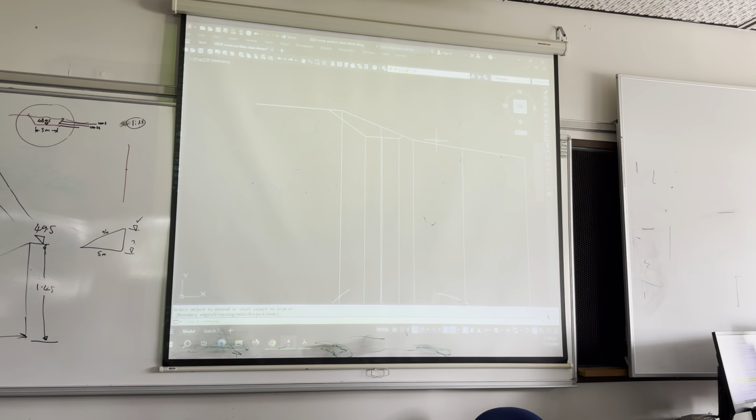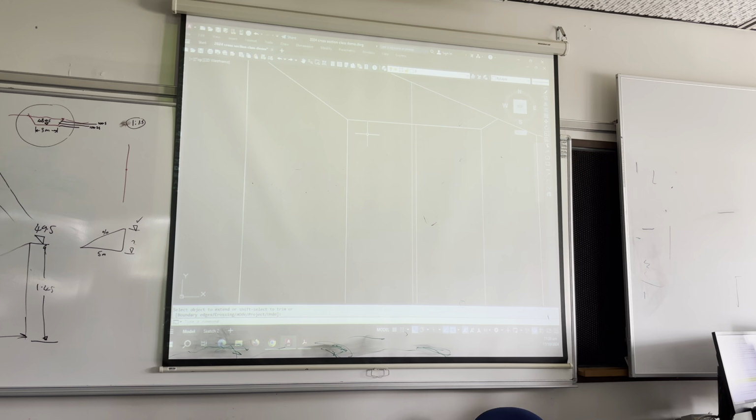Now to put our contours on there. So this is at 48.05. So to get to the first contour, it'll be 48.25. So it's good with CAD because we just offset.